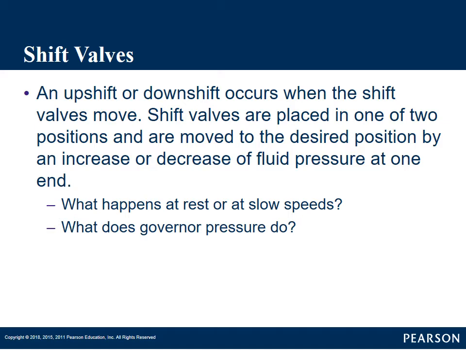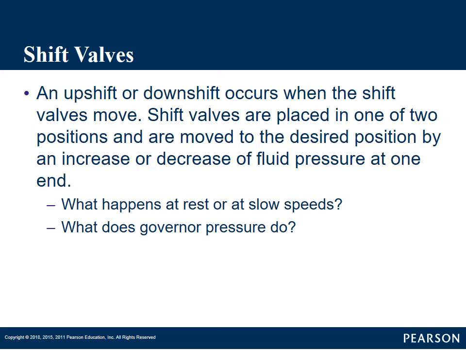And you do that by pressure. Pressure increases on one side and decreases on the other side, the valve moves, and vice versa. And these are used with springs to determine when that valve moves.